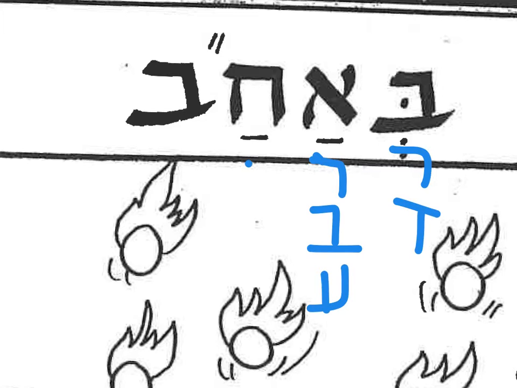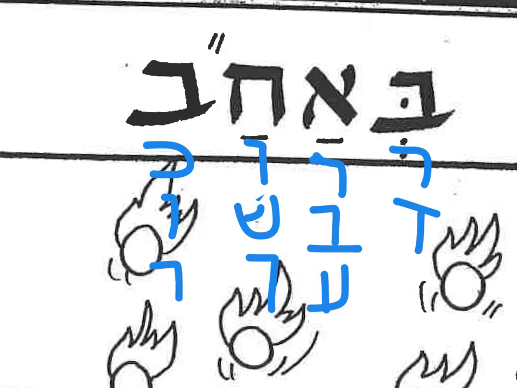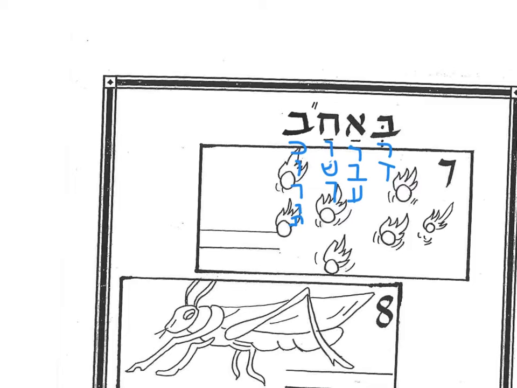The Chet stands for choshech. Oops, that vav came a little funny there. Let's just erase it and make it again, right? Here we go. Choshech. And finally, Bechorot, the plague of the firstborn. Okay, and you're going to write that in by each of them.